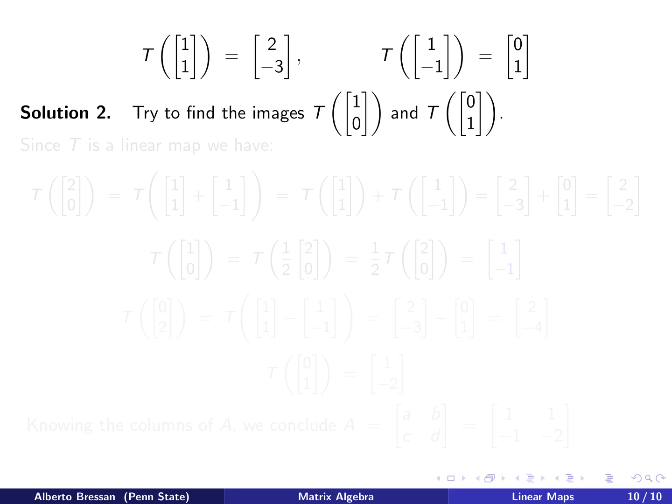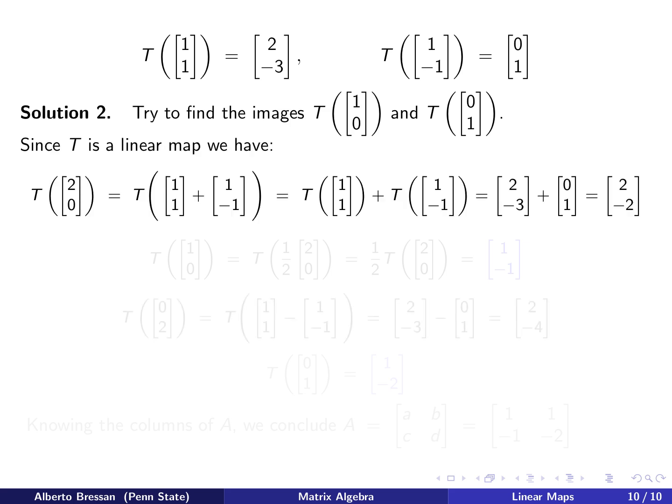Another way to solve this is to use the knowledge that the columns of the A matrix are the images of the 2 unit vectors. So we'll try to find these 2, and then use the property that these are linear maps. How do I find the mapping of (2, 0), for example? Well, if I add these 2 vectors up, I'll exactly get (2, 0).